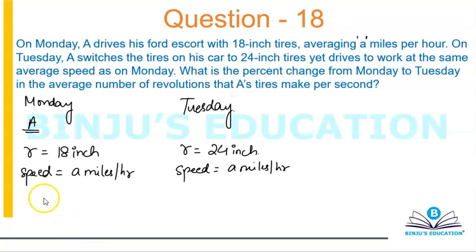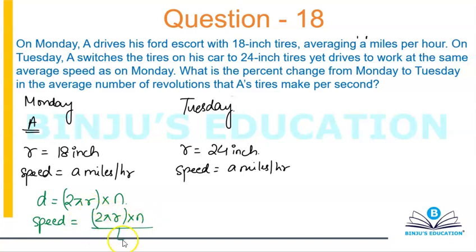All right. Now we know that distance is equal to 2 pi r, the distance covered in one revolution, which is the circumference, multiplied by n, the number of revolutions. So speed will be equal to 2 pi r into n divided by time, which is t.